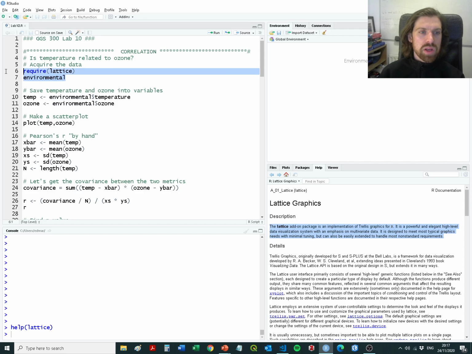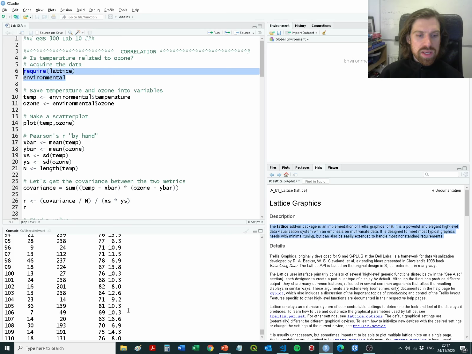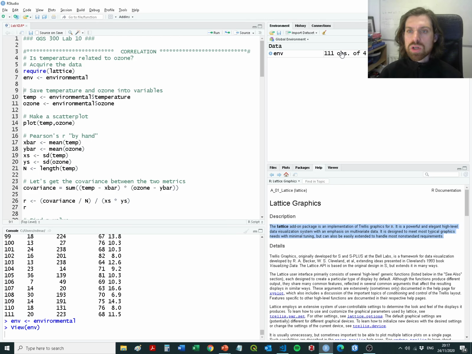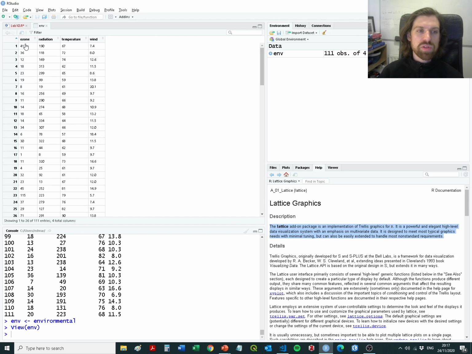So let's click on environmental here. This is just an inbuilt data set which comes with Lattice, and basically it's got a bunch of environmental metrics with it. So let's have a look here at the data frame. Okay, so 4 variables. We've got ozone, radiation, temperature, and wind.